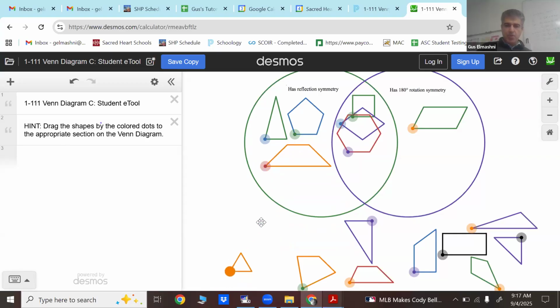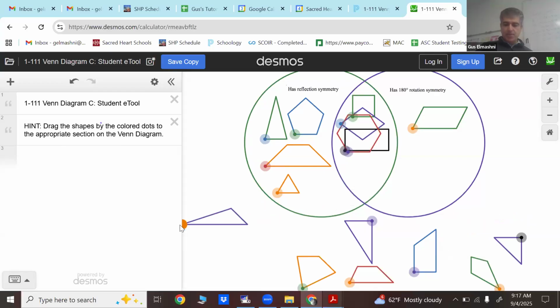Triangles, just reflection. It does have symmetry, by the way. Sorry. The triangle does have rotation symmetry, but it's not 180. What's the rotation symmetry for the triangle? If it's three sides, 360 divided by 3 is 120. Yeah, that's 120, not 180. The rectangle has both.